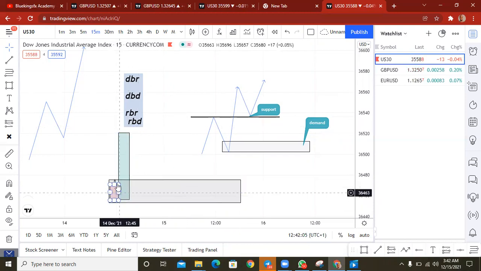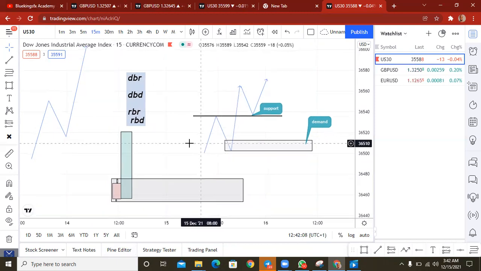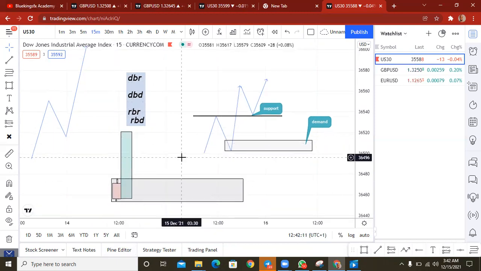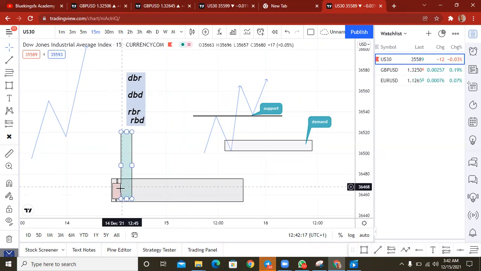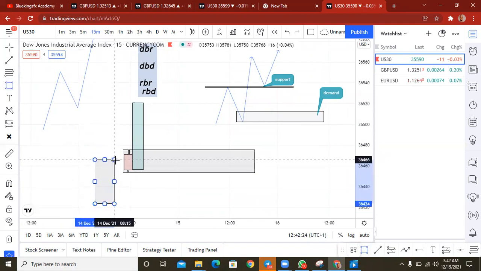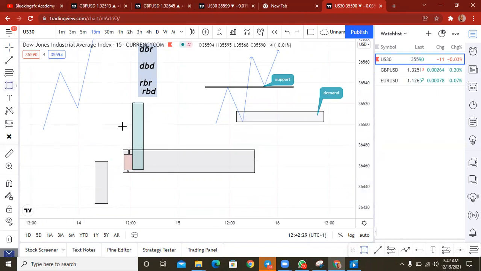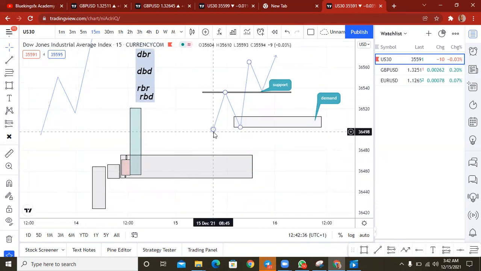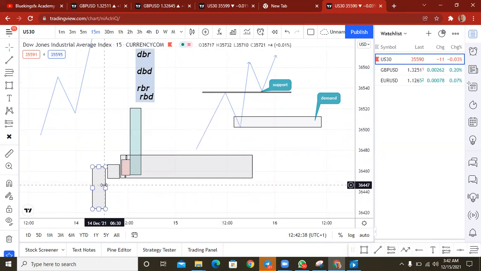Now, let's say this is on a 15 minute time frame, and you look at it on a 3 minute time frame, this place is made up of so many candlesticks, because you might be having candlesticks right here like this, another one here, before you have this.